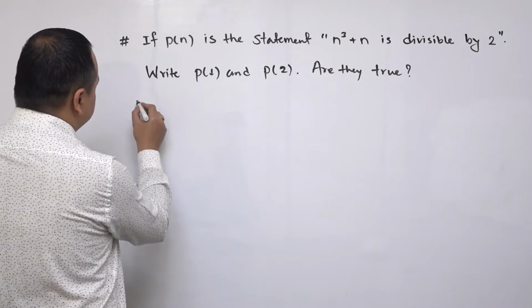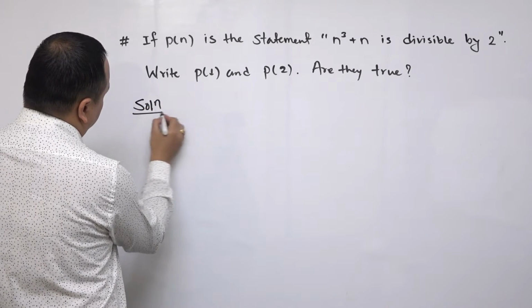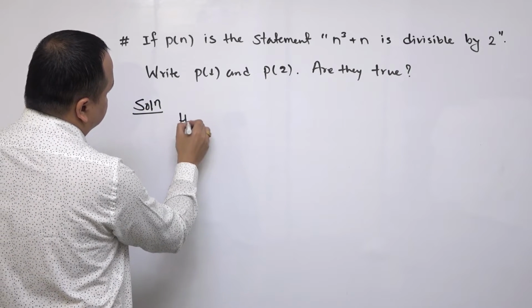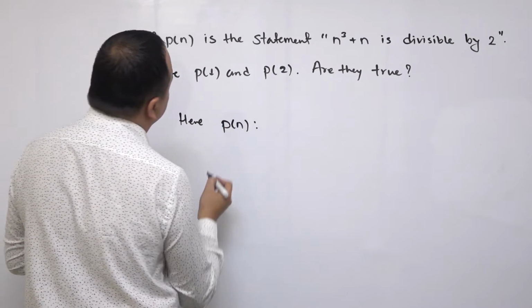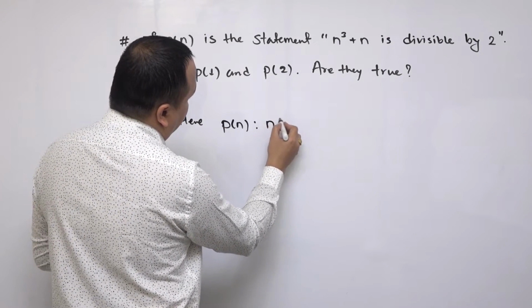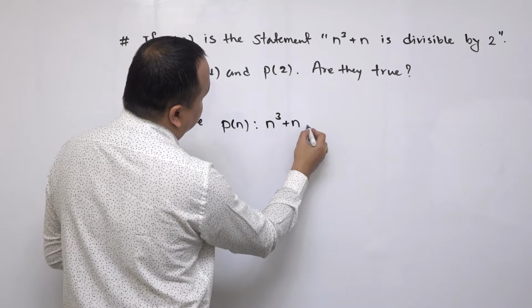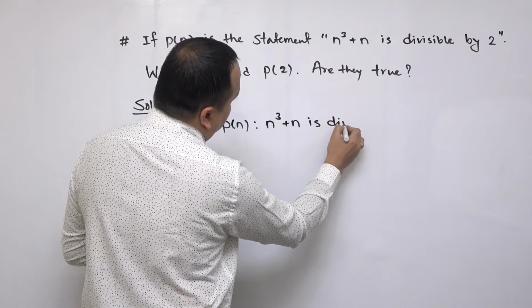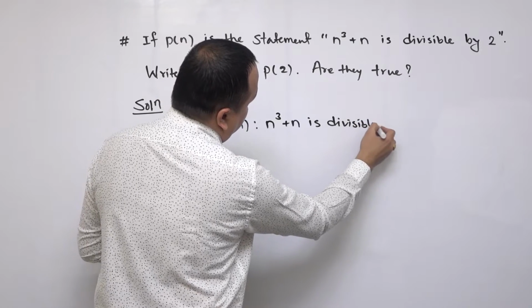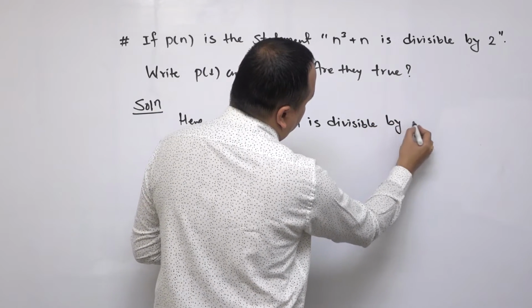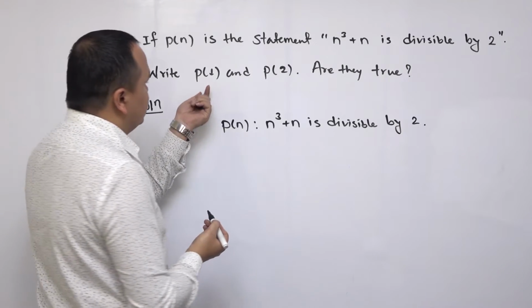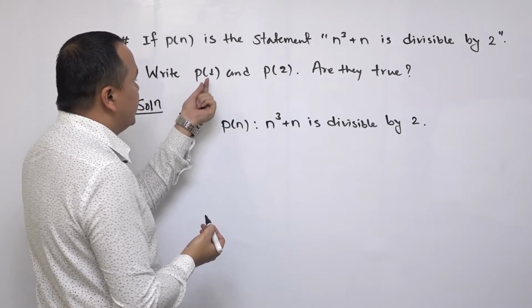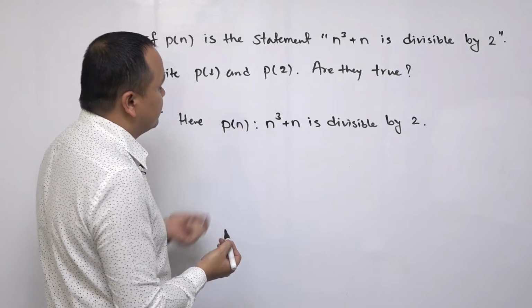The solution: here, given statement Pn is n cube plus n is divisible by 2. We need to find P1 and P2, so put n is equal to 1 and n is equal to 2.